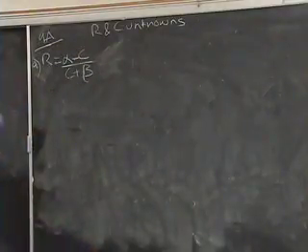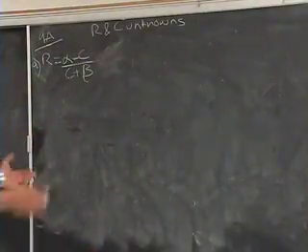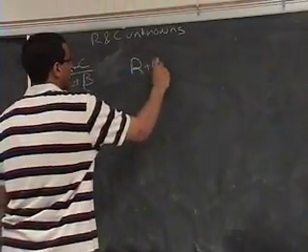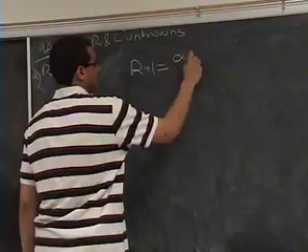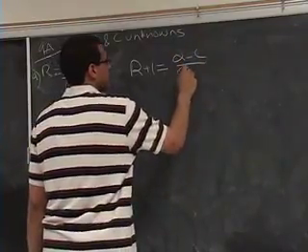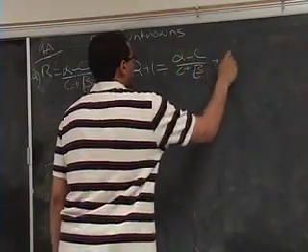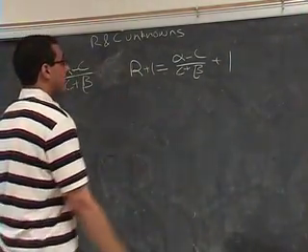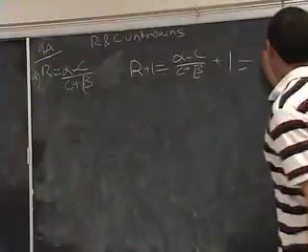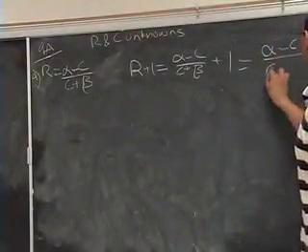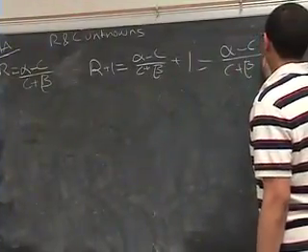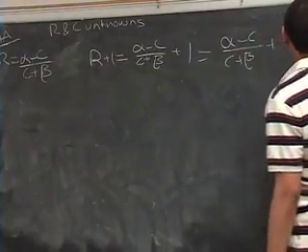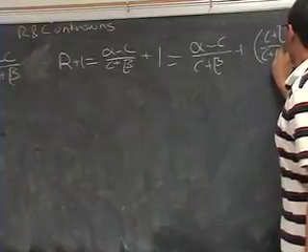Okay? Now it's just not basic algebra, it's annoying algebra, but we know that we can add 1 to both sides of an equation. Basically whatever we do to one side, we can do to the other side. So we can add 1, and this is indeed an accurate equation, but we can also write this plus 1 as c plus beta over c plus beta.